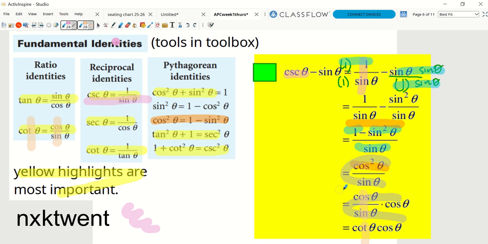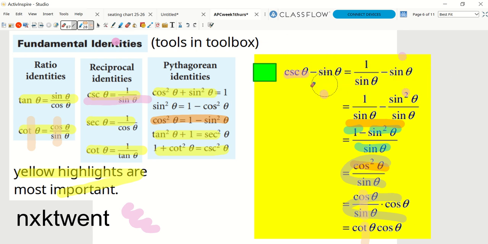Now, last one. Let's look over here. Do you guys see how cosecant is related to 1 over sine through this pink right here? Now, right now, this looks like that. Are the denominators the same or different? Hold on.